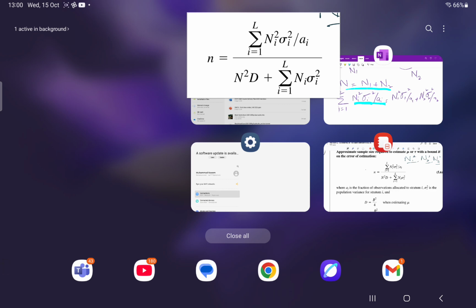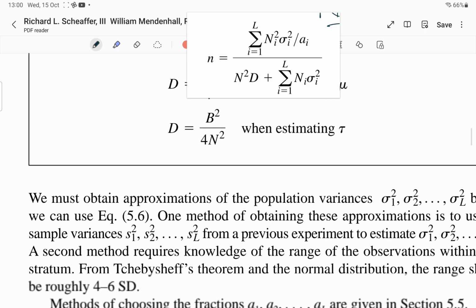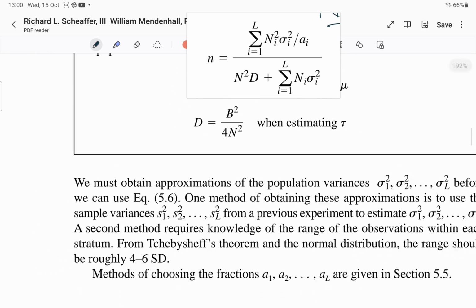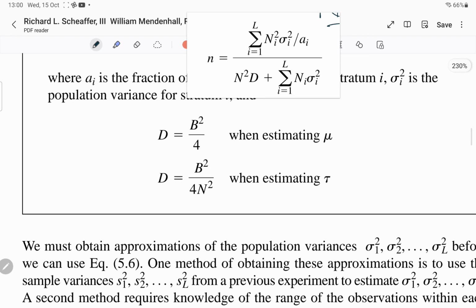So now we'll be moving on. You have to pick different d according to your estimator. If your estimator is mean, you will have B square over 4. If your estimator is total, this symbol belongs to the mean and this symbol belongs to the total.